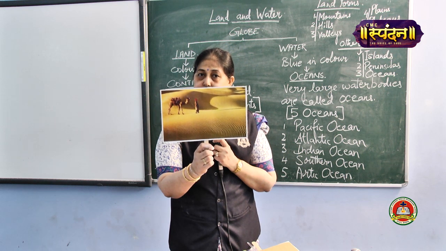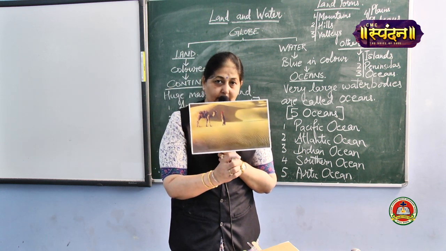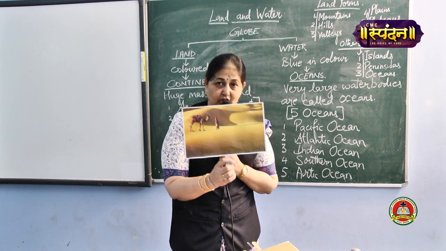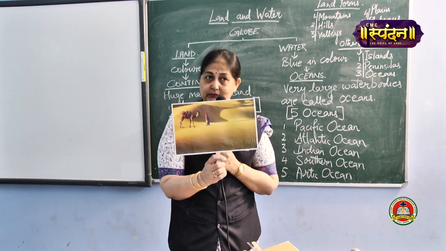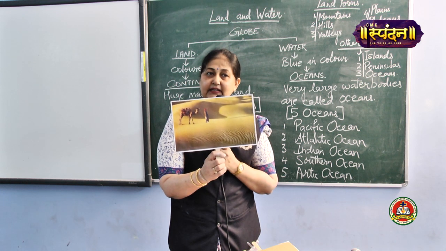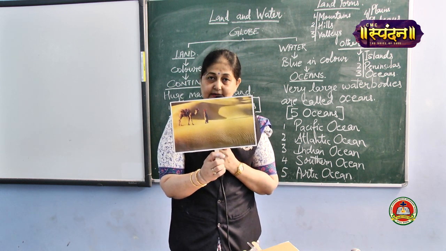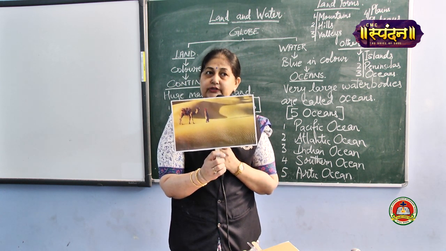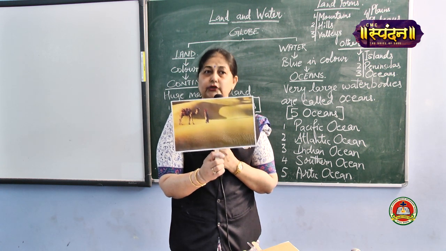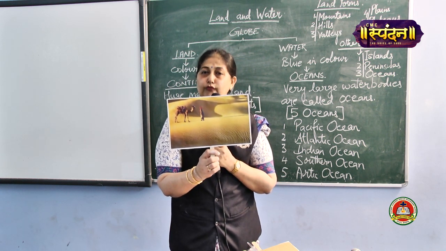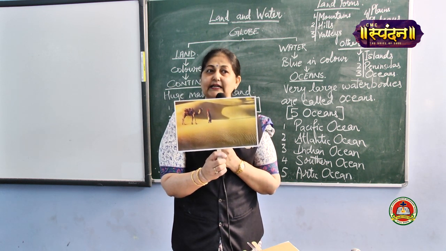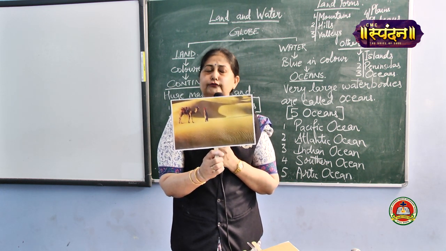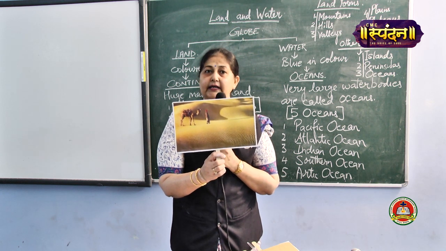Alright children? Can you see a camel walking in the desert? On the sand? Yes. Camel is the only animal that can withstand the heat and can walk on the sand. So it is called the ship of the desert. Children, camel can stay without food and water for days together. And it can store lots and lots of food and water in its hump.